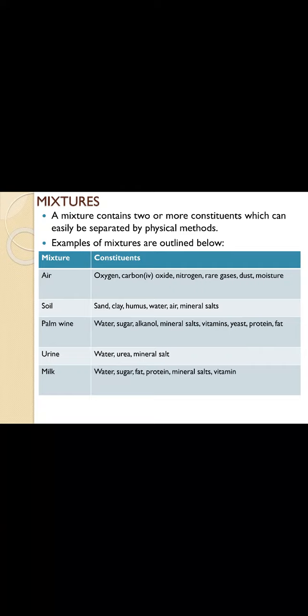Every mixture definitely has constituents, and the properties of these constituents make up the property of the mixture, which differs from that of a compound, where the properties of the constituents differ.